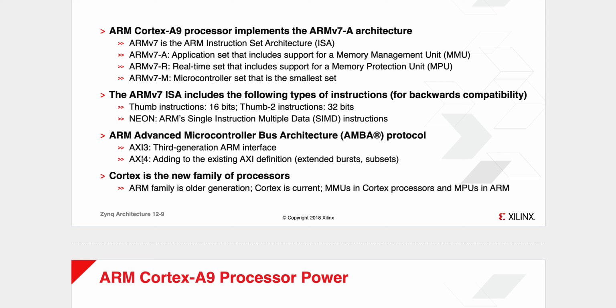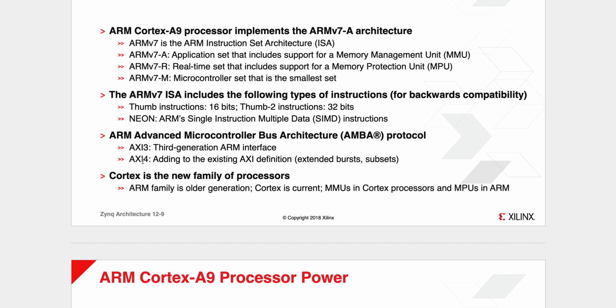So the only difference is that the ARM Cortex-A9, which is the old generation of chips, has to implement the ARMv7 architecture, but the Cortex has built-in MMUs and MPUs. MMU means the memory management unit, and MPU is the memory protection unit.